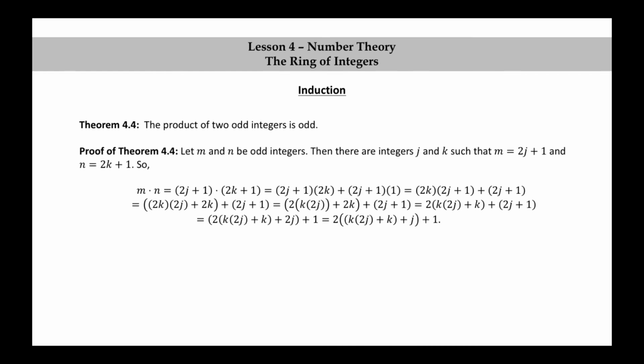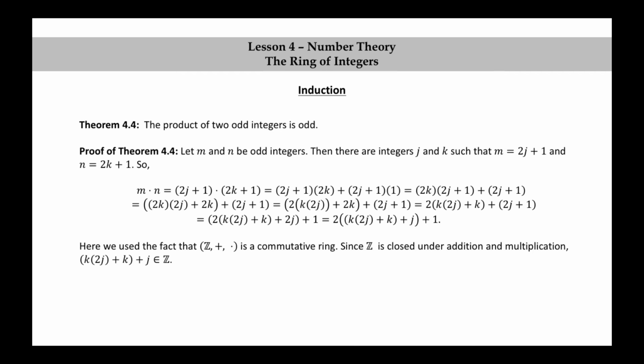And distributivity once more to pull out that 2. So here we use the fact that the set of integers together with addition and multiplication is a commutative ring. Since Z is closed under addition and multiplication, this expression k times 2j plus k plus j is an integer. Therefore, m times n is odd.